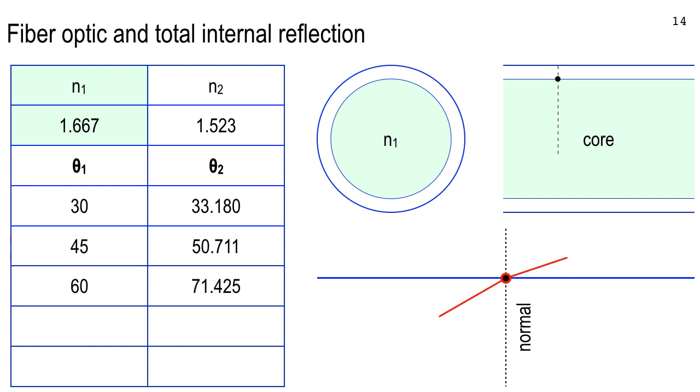60 degrees. Whoa. I'm making my incoming ray a little bit bigger angle of incidence. And the outgoing ray, whoa, 71. That's a bend of 11 degrees. In the 45 degree ray, you got a bend of 5.7 degrees. 30 degrees, you only got 3 degrees of bend.